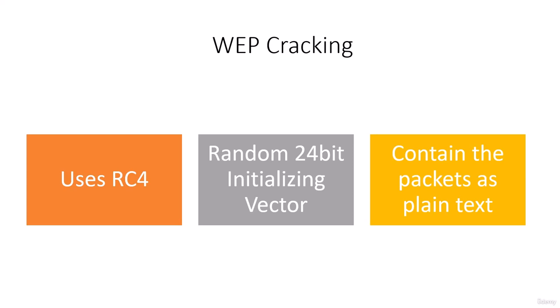Our main goal when we try to crack WEP is to collect as many IVs as we can, because then we are more likely able to determine the key stream and the WEP key for the targeted network.